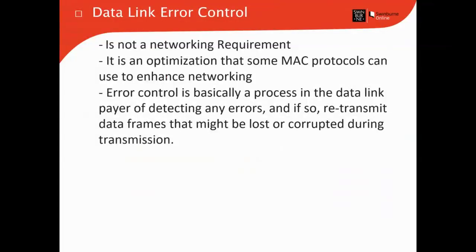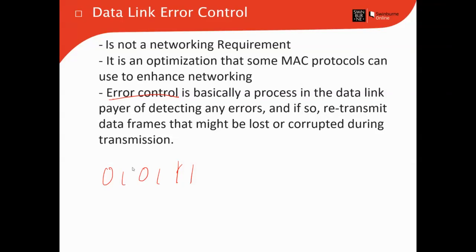There are some types of error control. Sometimes the little zeros and ones that are transmitted come across malformed, they're not really working properly. If a frame enters the switch and it's not quite right, it drops it and discards it.